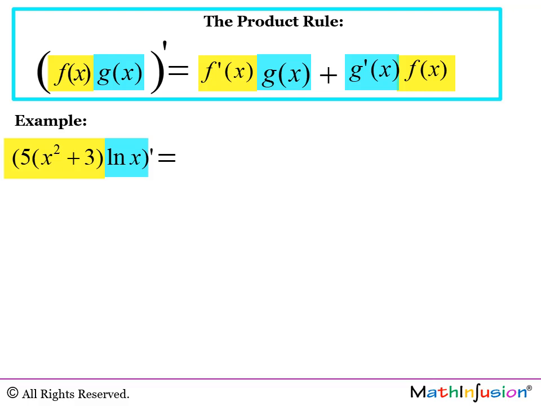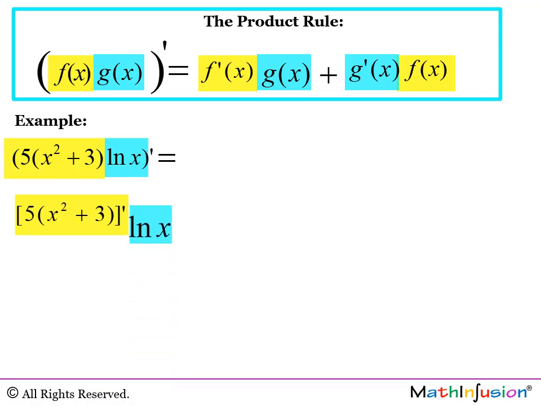I am including the 5 in the first function. I don't want to apply two rules at the same time, so I advise everybody to apply just the product rule instead of the constant rule together with the product rule. So I will start by just joining the 5 as 5 times x to the power of 2 plus 3. All of that is going to be the first function.